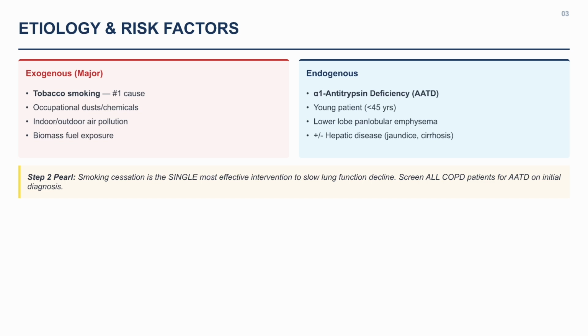Think of AATD in a young patient, under 45, with lower lobe emphysema, especially if they also have signs of liver disease like jaundice or cirrhosis. The key Step 2 pearl: smoking cessation is the single most effective intervention to slow lung function decline. Always screen new COPD patients for AATD on initial diagnosis.